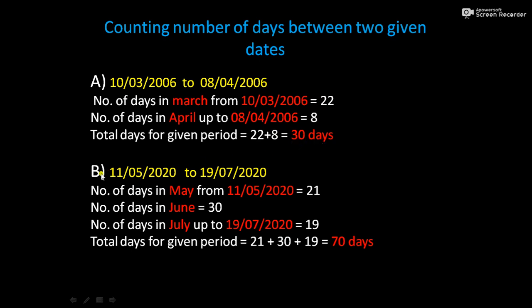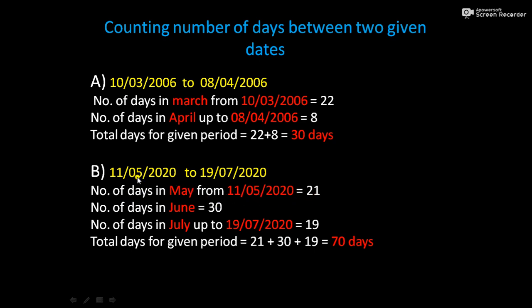Coming to example B, here we have 11th May 2020 to 19th July 2020. Here you see this is our starting date. So the number of days from this date in the month of May, from 11th May to 31st May, we have 21 days.